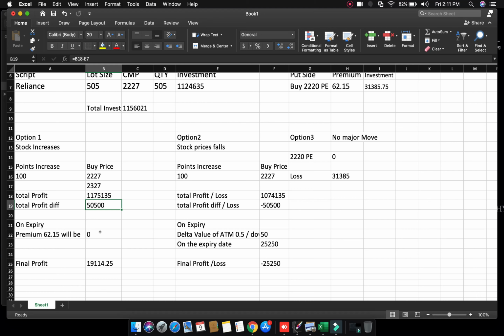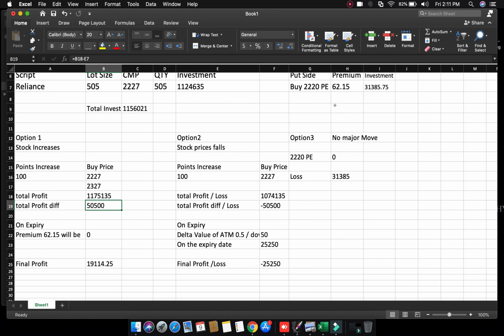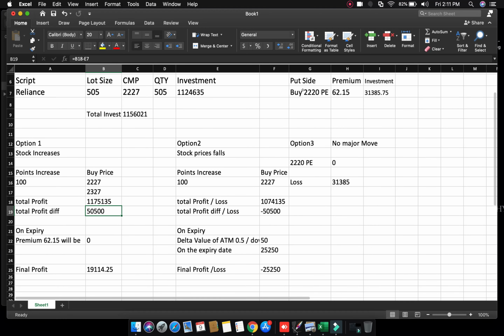So this is from buying a stock, and you have already bought a 2220 P also for around 62.15. You have paid a 62.15 premium, that is around 31,385. On the expiry day, since the market is moving up, this premium will start to decrease.